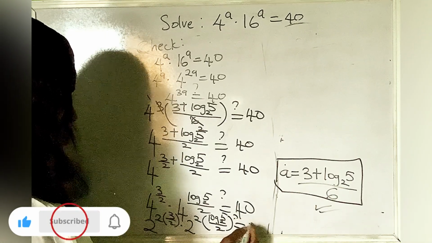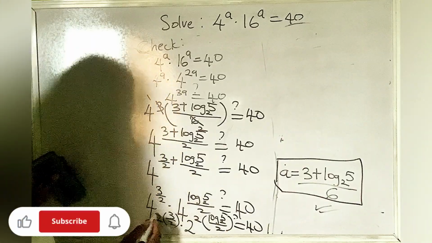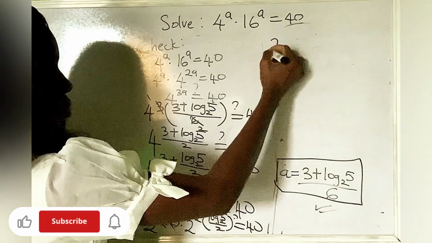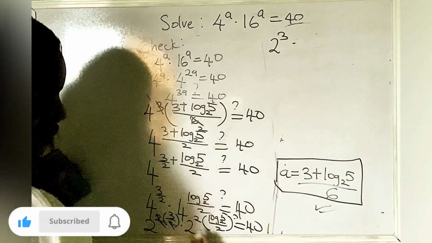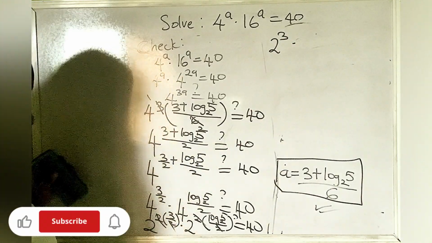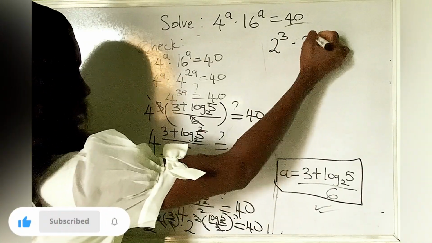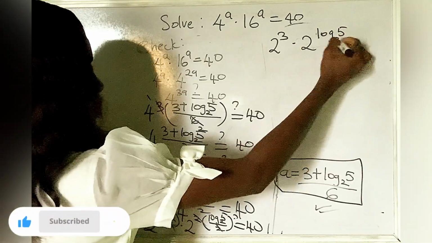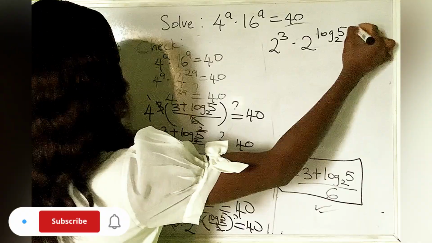Is it equal to 40? So now 2 can cancel 2. We have 2 raised to power 3 left. So we have 2 raised to power 3 multiplied by 2 raised to power log 5 base 2, as the 2 cancels the 2 here. Is it equal to 40?